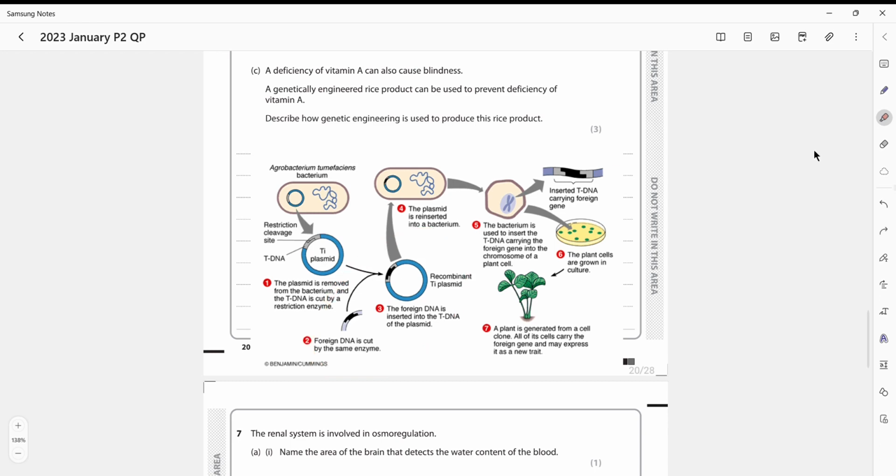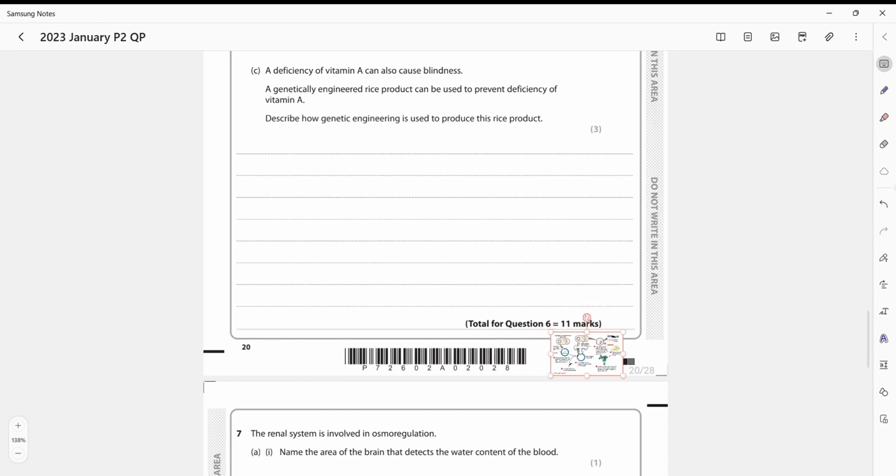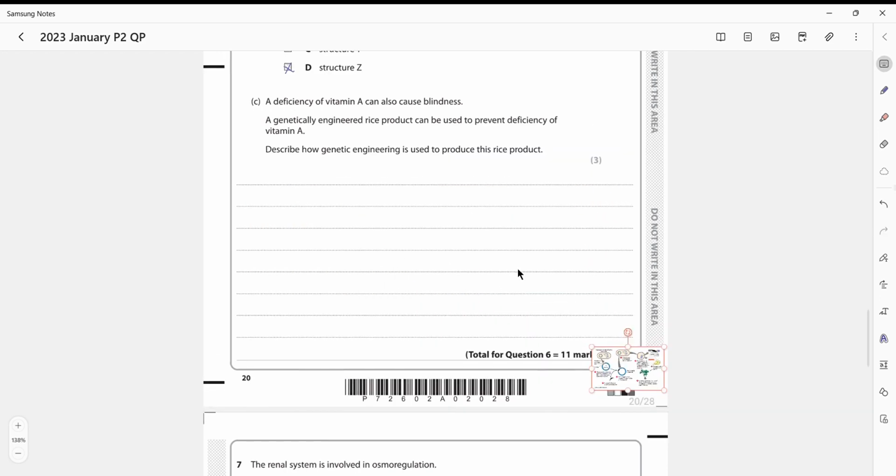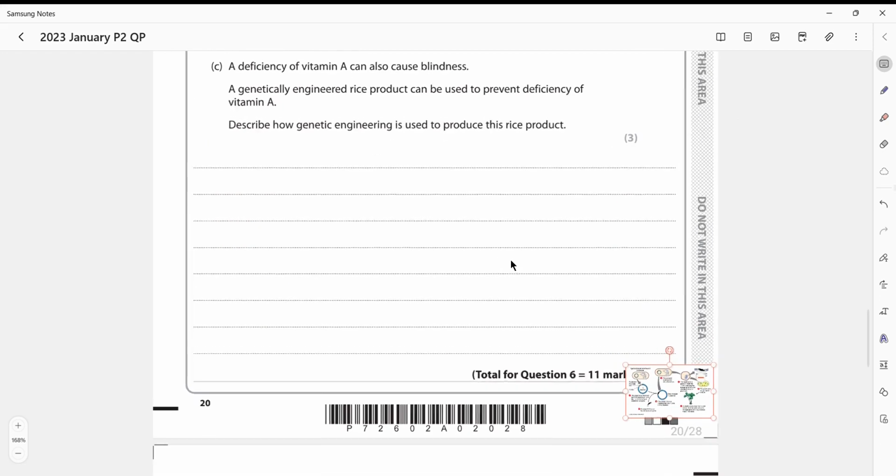Then we would insert the plasmid into the bacteria, and then we would infect the plants of the rice with the bacteria to be able to produce that golden rice. So let me make this one smaller so that we can write this out. Okay, let me just zoom this in here. All right.